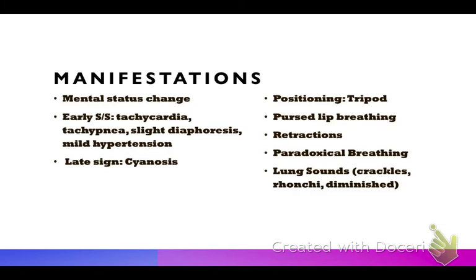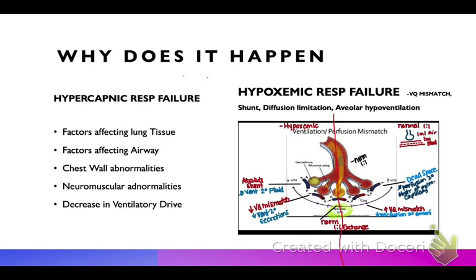What are you going to see clinically? So why does this happen? Well, we've already talked a little bit about it, but your hypercapnic respiratory failure is often caused by factors that affect lung tissue. So think your viral infections, your pneumonia. Factors that affect the airway, think about your anaphylaxis or anaphylactic shock, or your MVA with a crushed windpipe, or anything that could affect the airway.